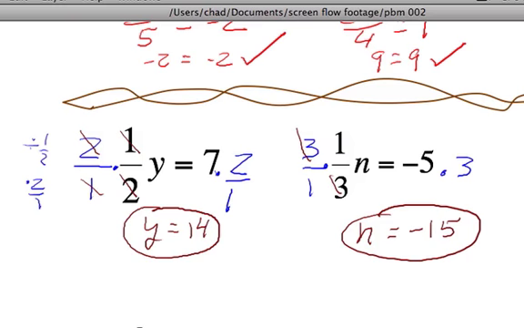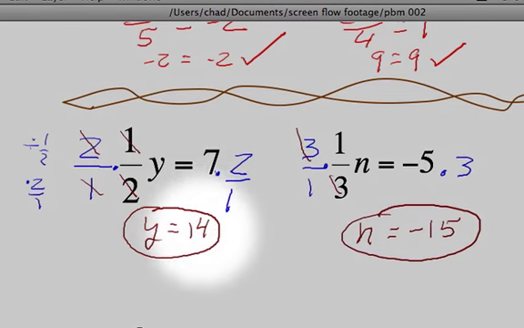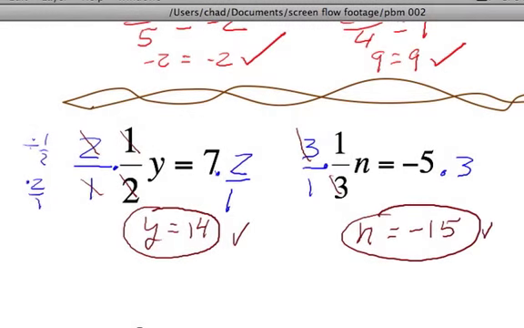We can actually use mental math to check these answers. 1/2 y, we'll substitute 14 for y, 1/2 of 14 is 7. So our answer does check. And over here on the right, a negative 15. What's 1/3 of negative 15? Well, that's negative 15 divided by 3, which is negative 5. This answer checks as well.